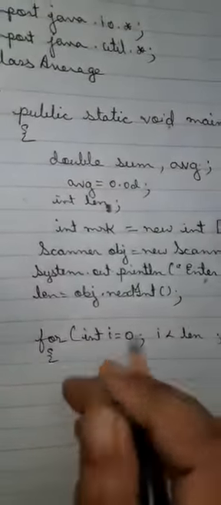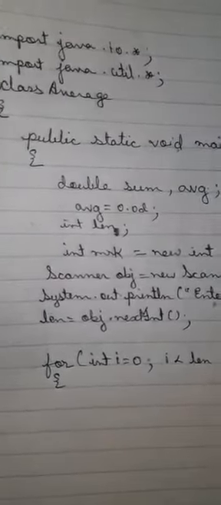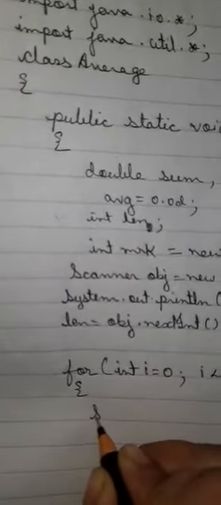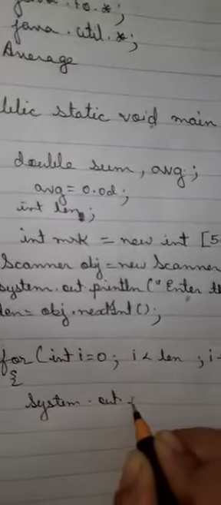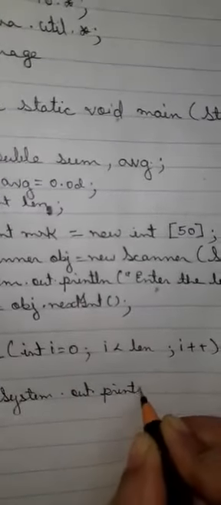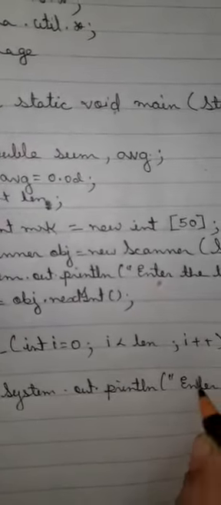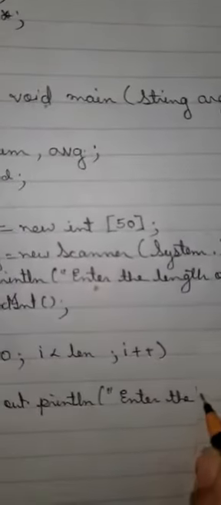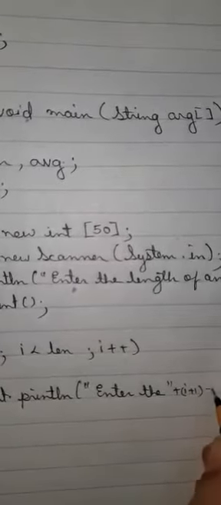After that we are going to enter the marks of the students. Here we can give a message also, System.out.println("Enter the " + (i+1) + " mark").